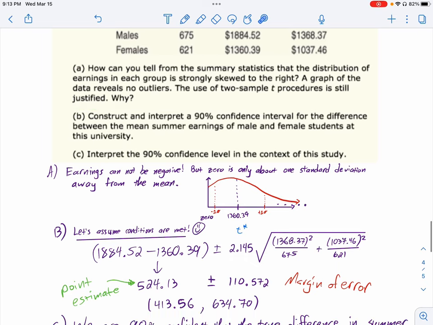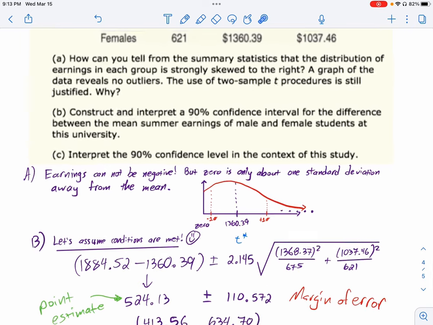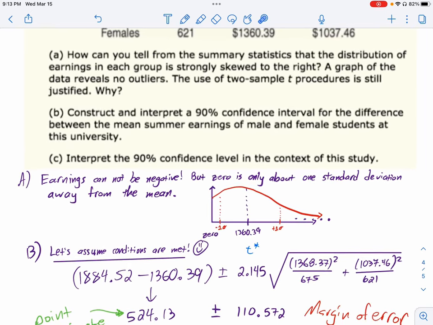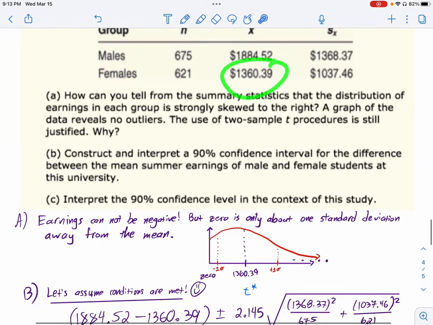So here's why it's skewed, first of all. So I put the women's average, female average right here, and it's skewed right. Why is that? Because earnings cannot be negative. So here at 0, there's a hard edge. You cannot go to the left of this. It's not possible. Yet, if I look at the standard deviation, if you go one standard deviation that way, you're practically at 0 because this is almost equal to this.